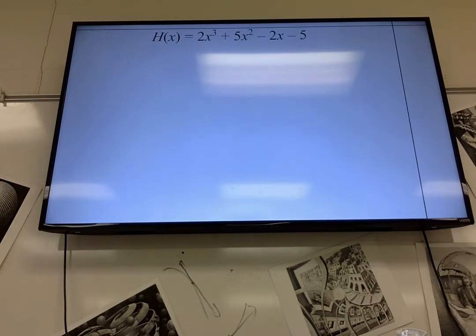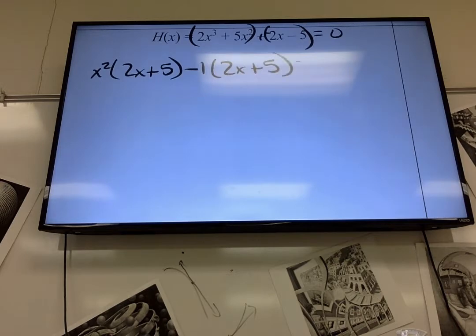Okay, so plus a negative equals 0. I can factor out an x squared, leaving us with 2x plus 5. And factor out a -1, also leaving us with 2x plus 5. Those two are the same.